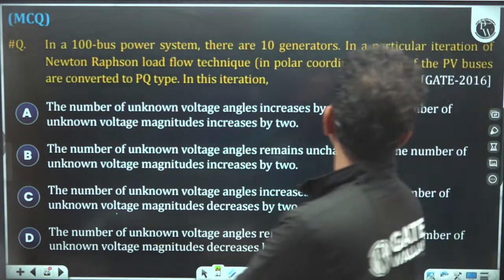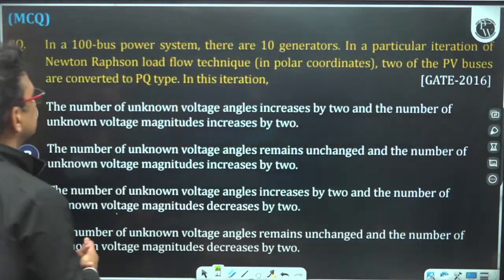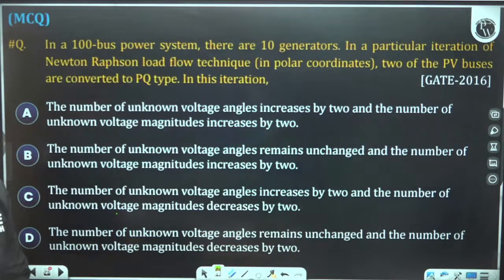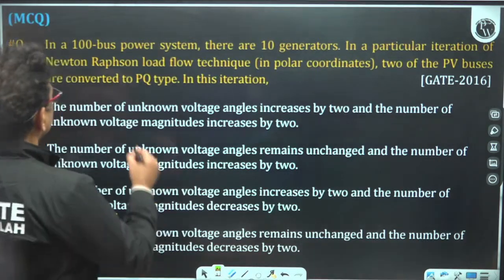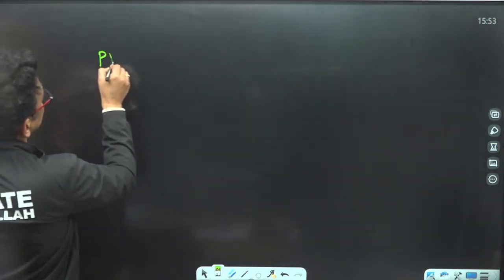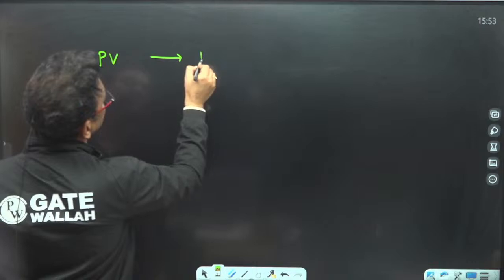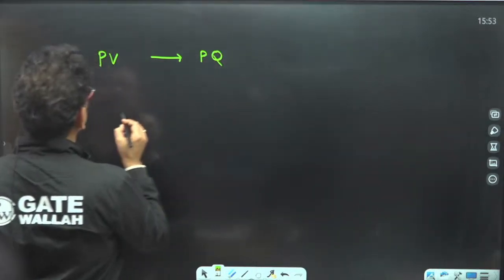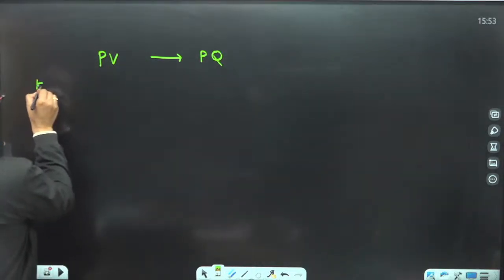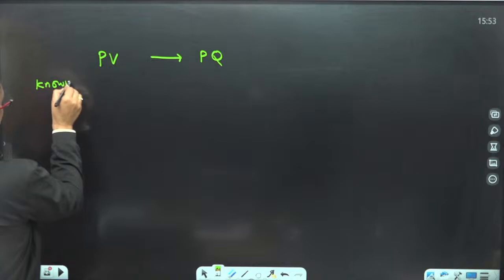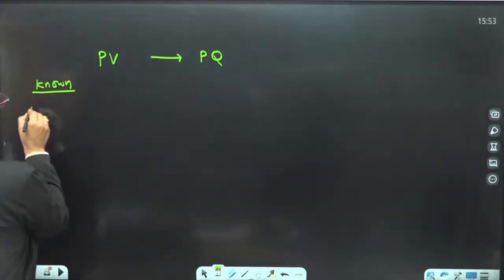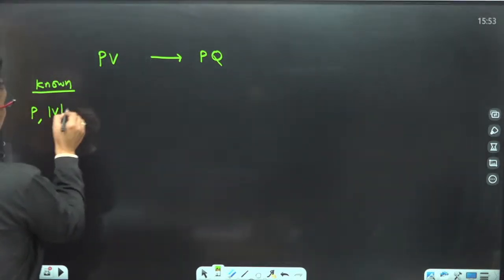The PV bus is converted into the PQ bus. That means my PV bus is now converted into the PQ bus. What happened? In the PV bus, the known quantities were P and voltage magnitude.